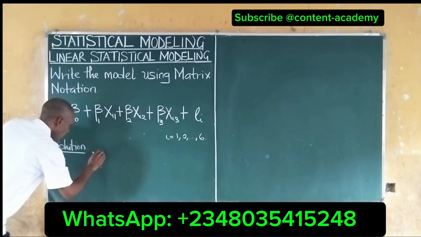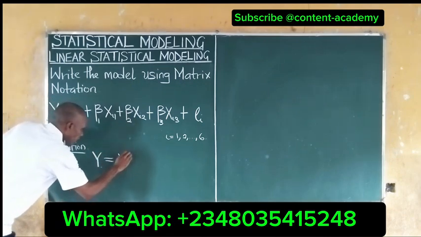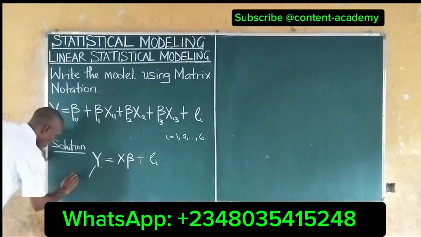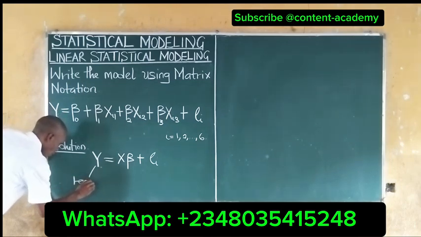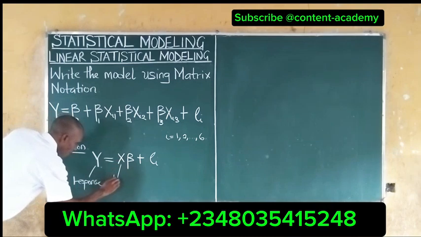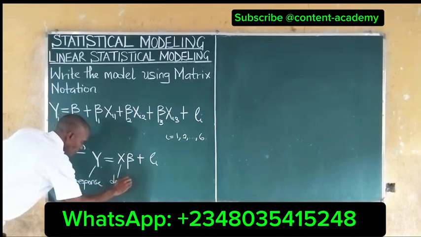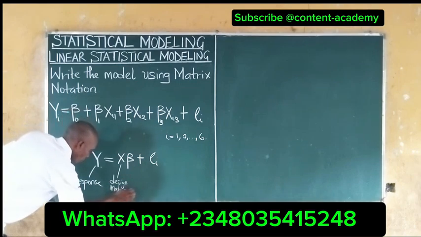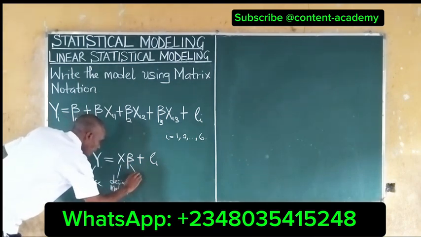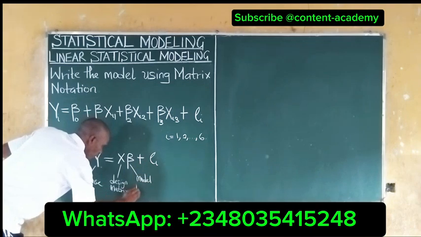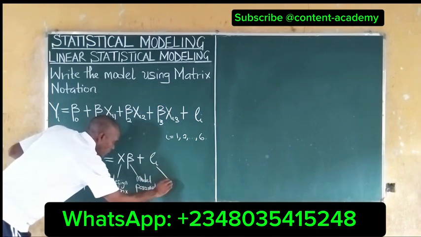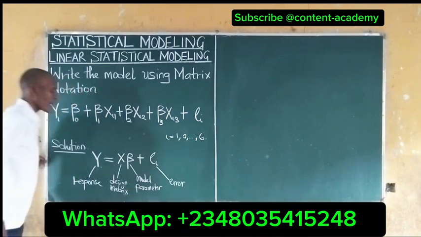And we should recall that this is exactly what we have as our linear regression model, where this is the response variable, this is the design matrix, this is the model parameter, and this is our error.